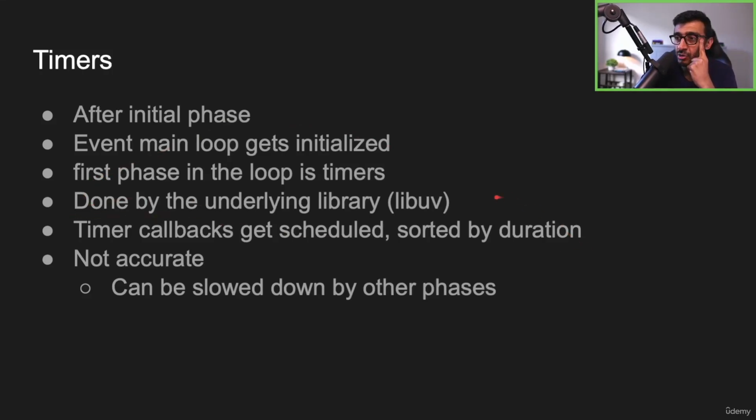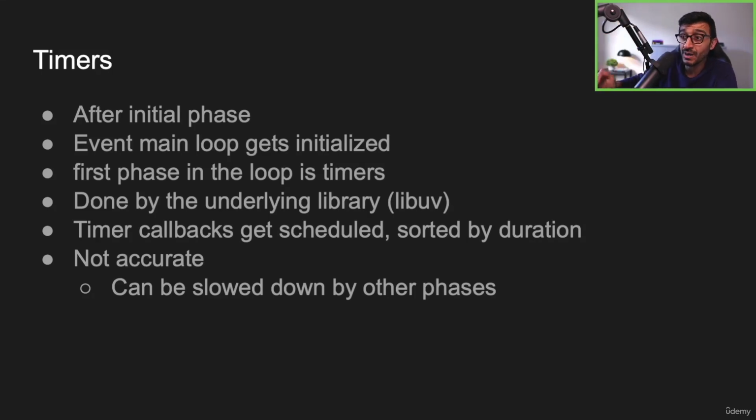I talked about this a little bit. It's done by this underlying library called libuv, right? Timer callbacks get scheduled, sorted by duration. And here's the trick, really. Every timer that gets registered has a duration: when do we wake you up? Essentially, when is this elapsed?